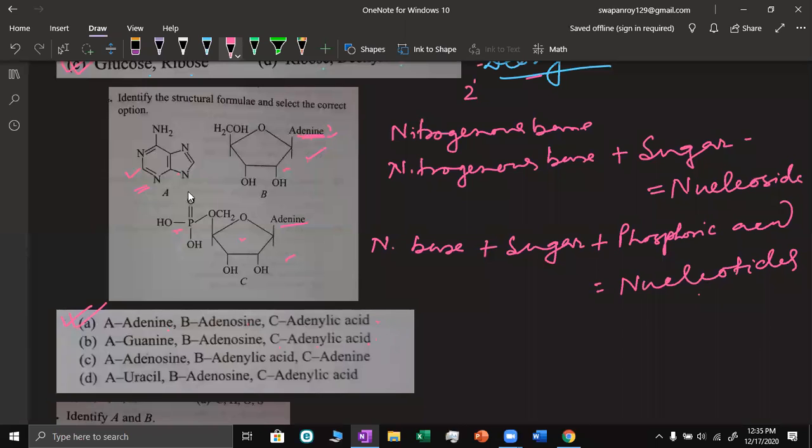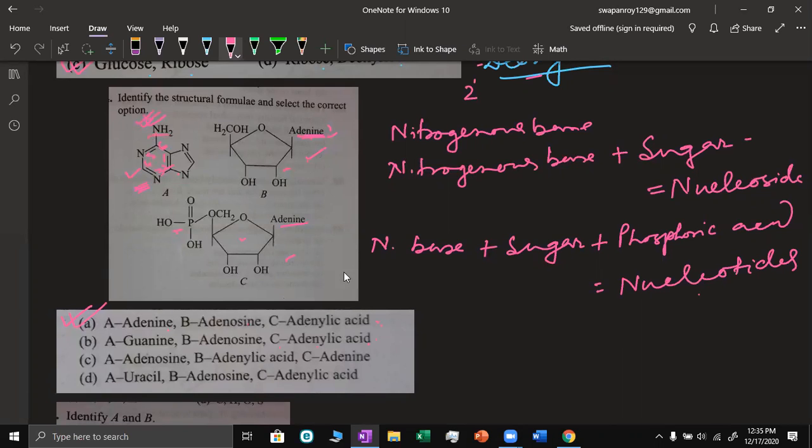Say this is adenine. Do you know this position is important? This is number 1, 2, 3, 4, 5, and 6. This sixth position is very, very important.